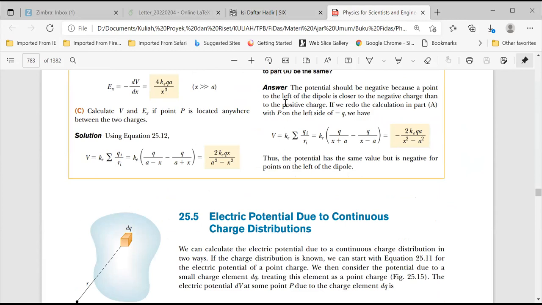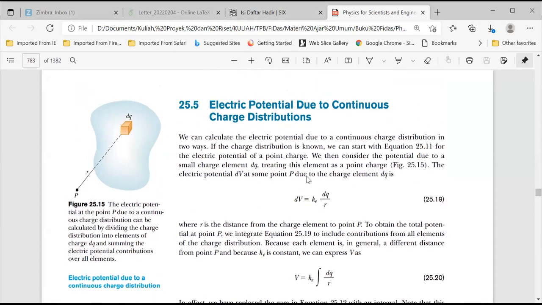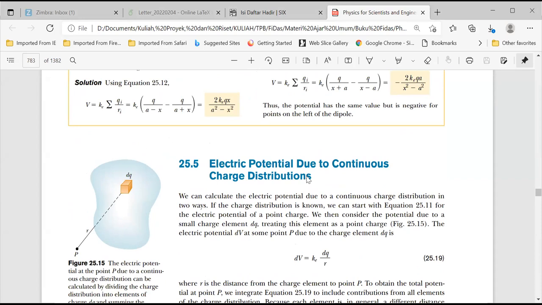Before we proceed, for the continuous case, originally we have a discrete case, where V as a function of ri equals ke sum over i from 1 to N of qi over ri.